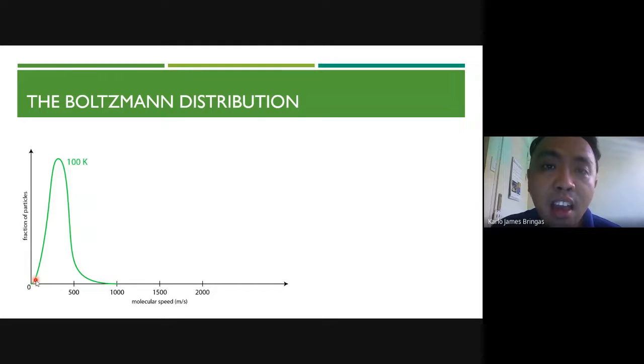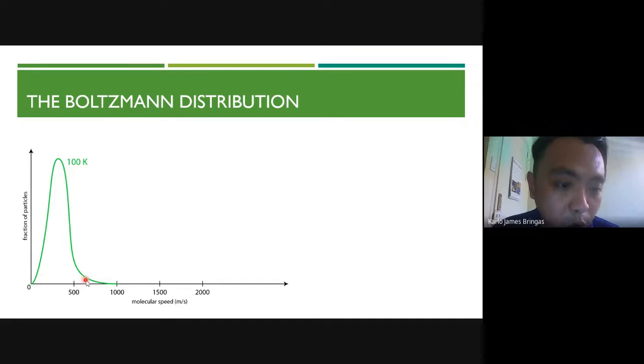Like in the animation we had earlier, we expect that there would be some of the gas particles that are moving very slowly, just a small fraction, but in any case, they are still there. Since there aren't very many moving very slowly, almost close to zero, the height of the point I'm pointing at with the laser pointer is rather low.